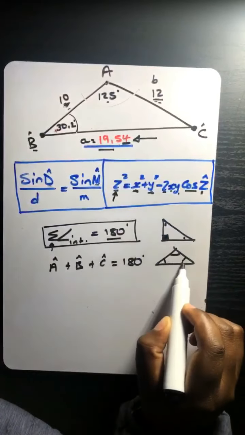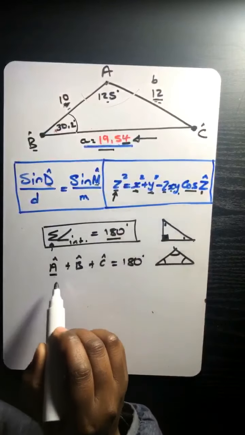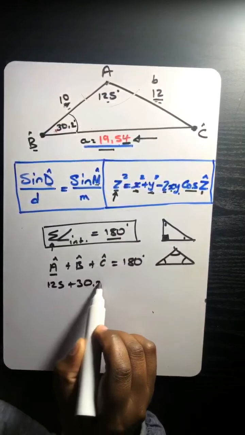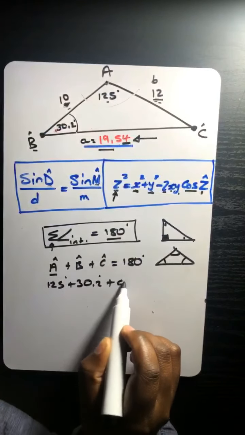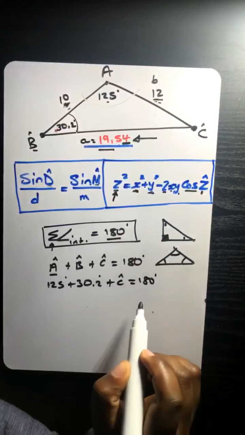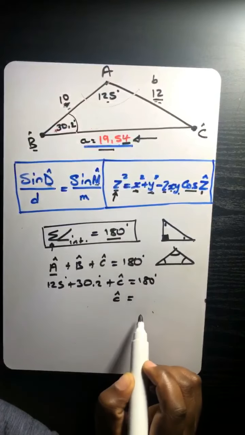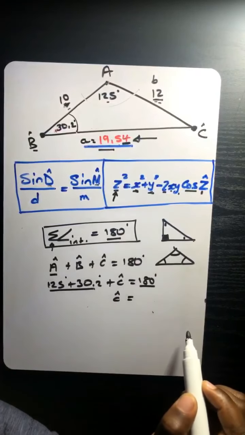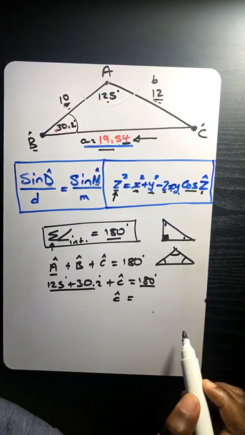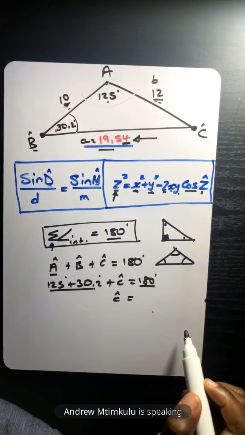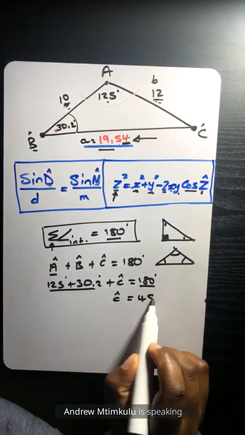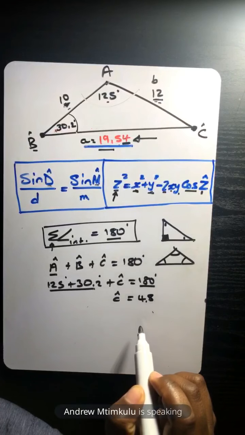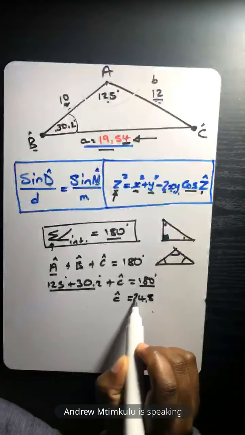So now, what is this one? We know it was given as 125. B, let's say we calculated it to be that, and then angle C is what we want to calculate. So now, what will angle C be? What is this minus that and that? 24,8 degrees, yes sir.